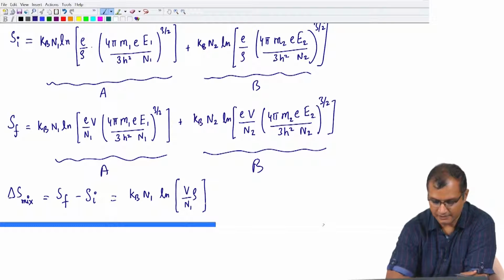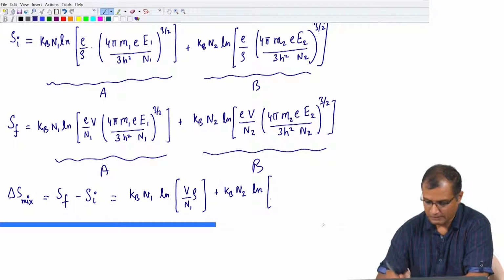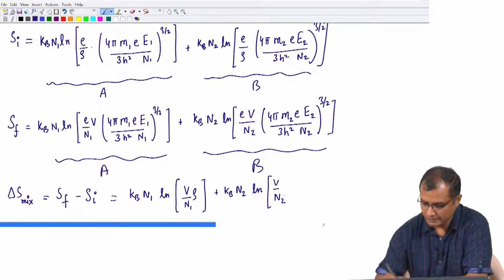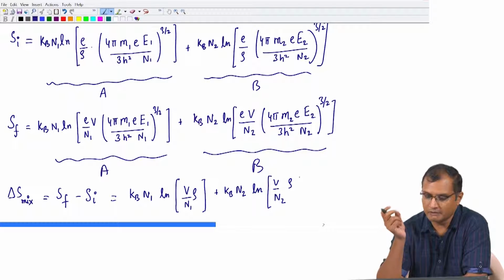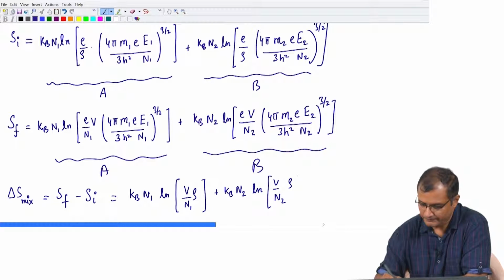everything else cancels. From the second term I can write down Kb into ln V by N2 into rho, because the SI component is minus of ln 1 by rho, which is already ln rho, and that is it.